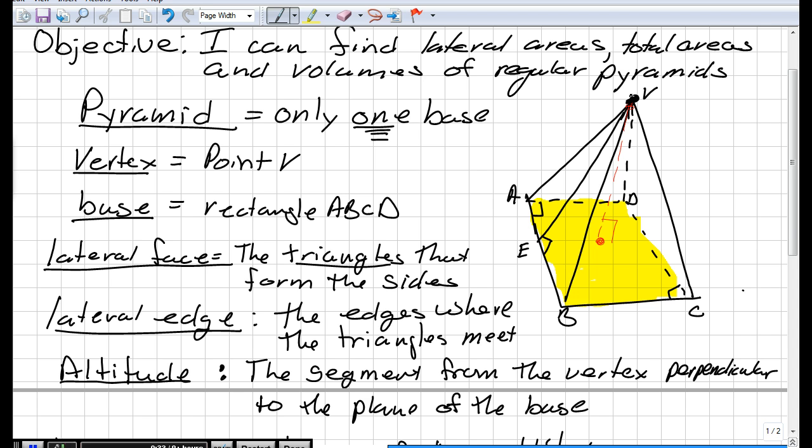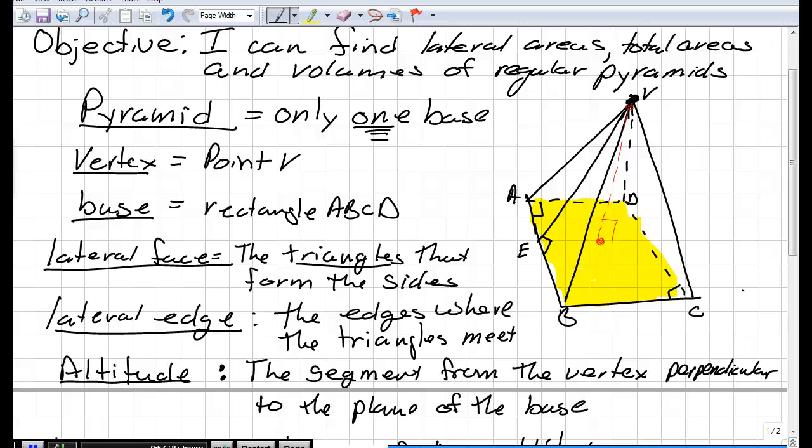In this case the base is a rectangle, and notice that the lateral faces are not perpendicular or vertical, they're slanted, and the lateral faces are all triangles. So triangles form the sides of the pyramid.